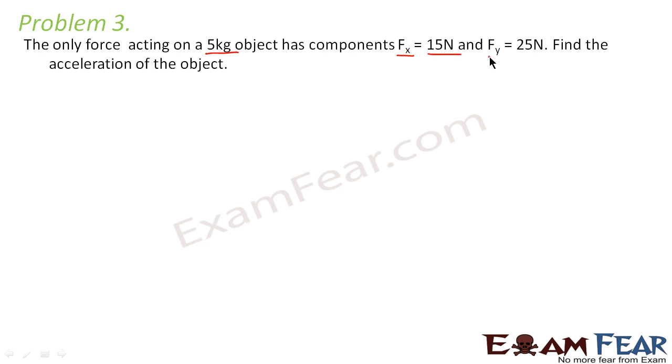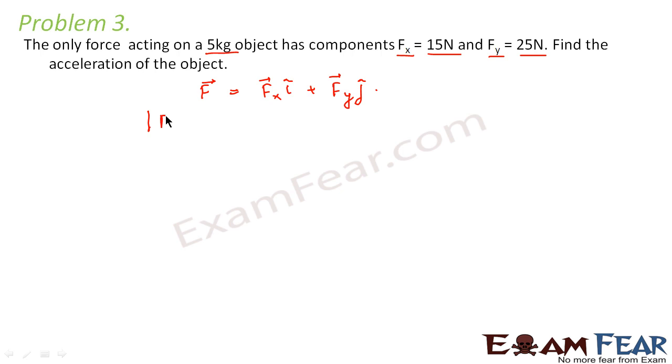The third problem says the only force acting on a 5 kg object has components Fx is equal to 15 Newton and Fy is equal to 25 Newton. Find the acceleration of the object. As I already told you, force is a vector quantity, so F can be represented as Fx i cap plus Fy j cap, correct?